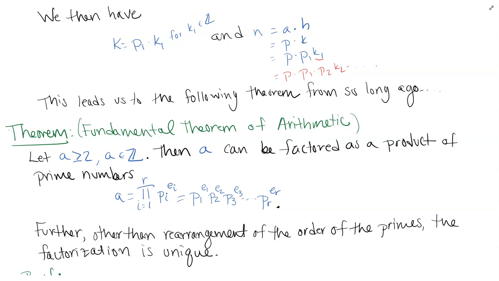And the other interesting thing is that the factorization ends up being unique. This is something that you saw way back in Algebra 1 and 2, maybe even earlier, and now we're going to prove it using formal mathematics.